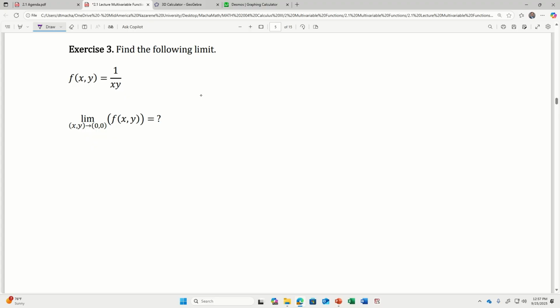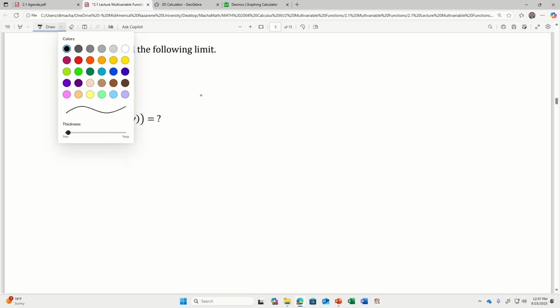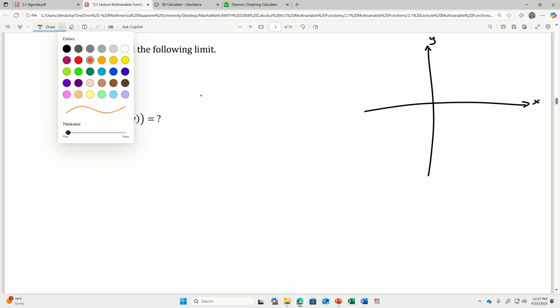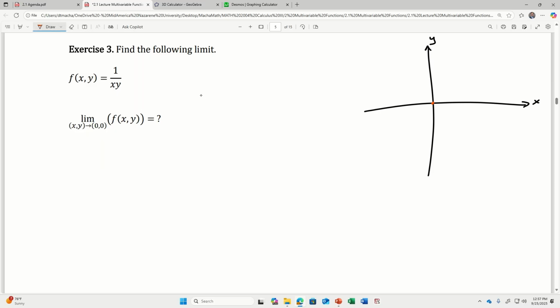Let's think about it, or let's at least talk about it. Maybe you already know the answer, but we need to discuss this a little bit. So here's my xy plane. When I talk about approaching this point 0, 0, there's more than one way I can approach this.